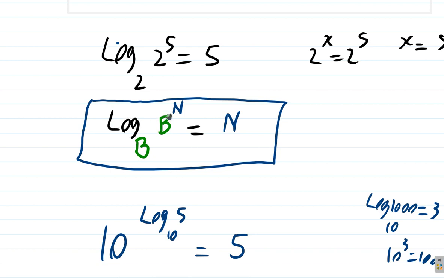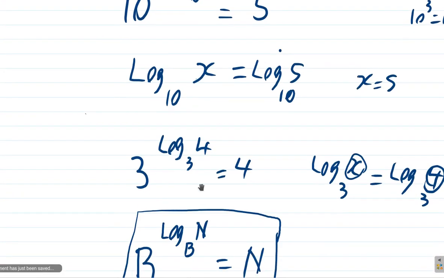Cube root of a number cubed, you get the number, because square and square root are inverse operations. They cancel out each other and leave the number. In the same way, log with base b and b to the n are inverse operations. So log of base b and b cancel out and leave n.